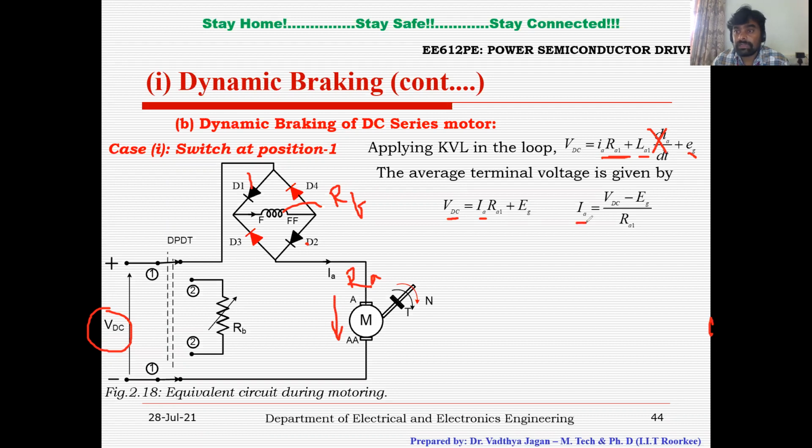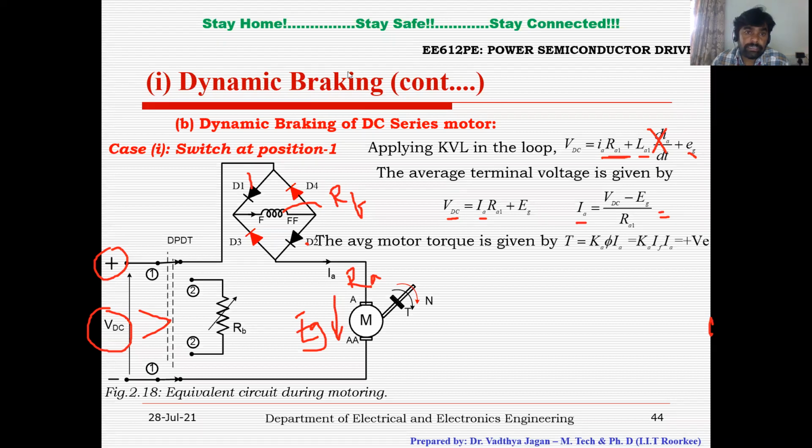So from this, you can write the armature current IA equals VDC minus EG divided by RA1. The current will flow from higher potential to lower potential, so when compared to the back EMF, the battery voltage will be more. If that is the case, the armature current will be positive.